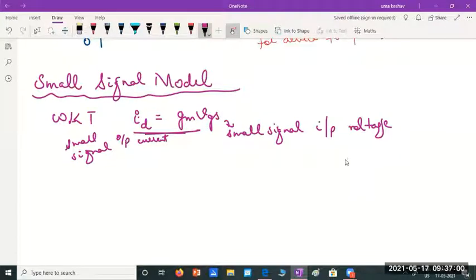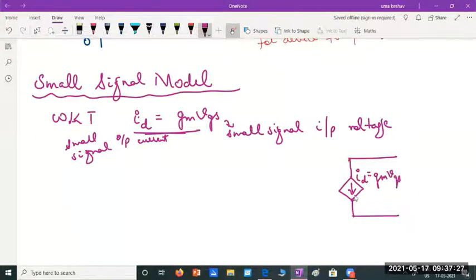Anybody? Which electrical element will represent a current? Yeah. What does this represent? A dependent current source.